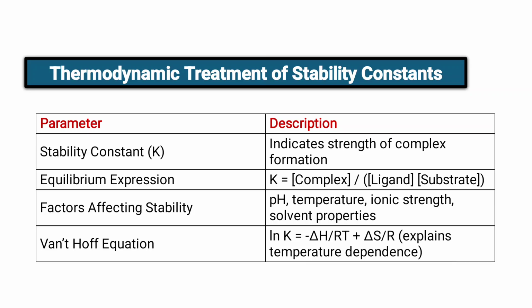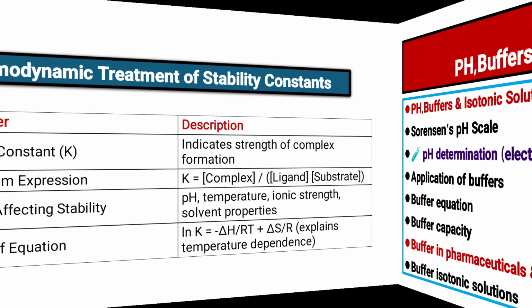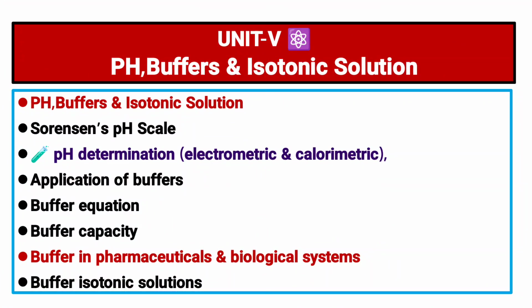Equilibrium expressions, K. Factors affecting stability: pH, temperature, ionic strength, and solvent properties, not solubility. Point of equation. It explains temperature dependence. So this is about unit 4.